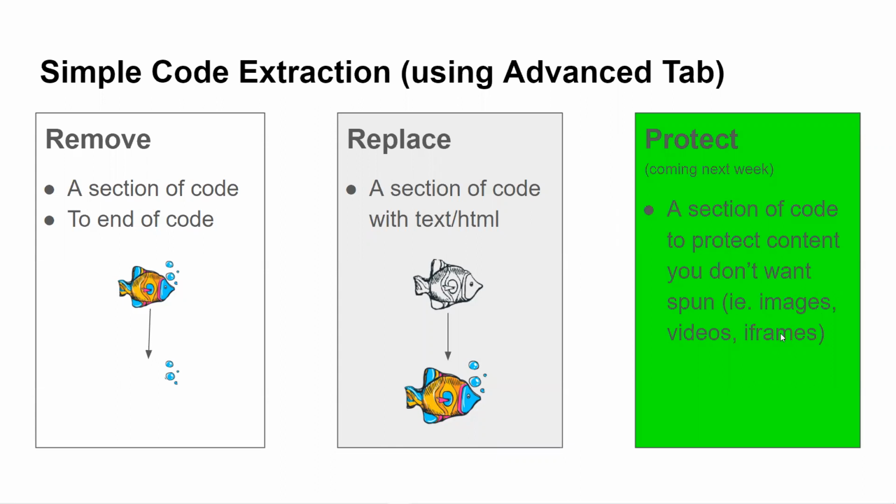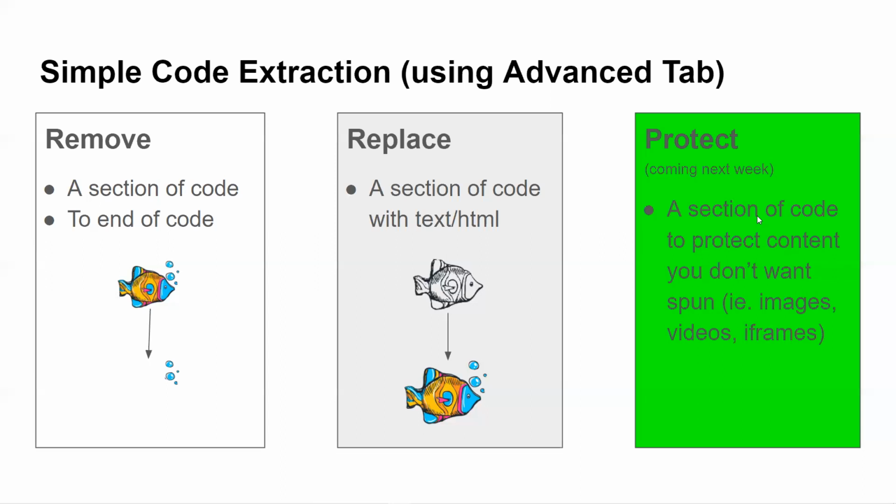If you see it missing whenever you do your first spin on a built-in preview, then you'll just need to go in and do this. We're going to probably set up some generic templates for protecting images, videos, and iframes, but they'll just be generic and drop down. This is so new that this is the first time I'm actually seeing some of these things too.